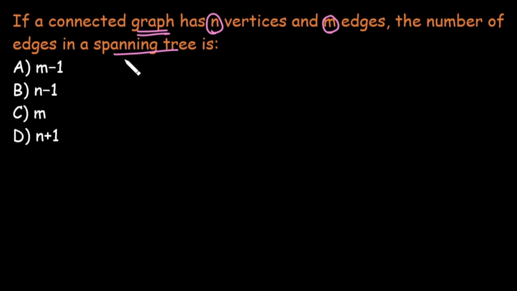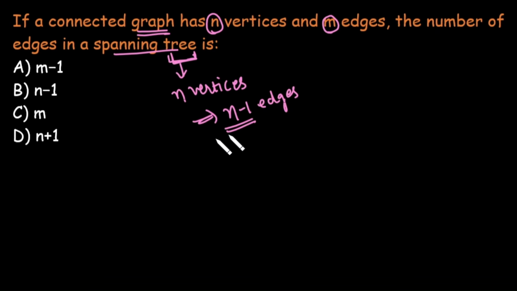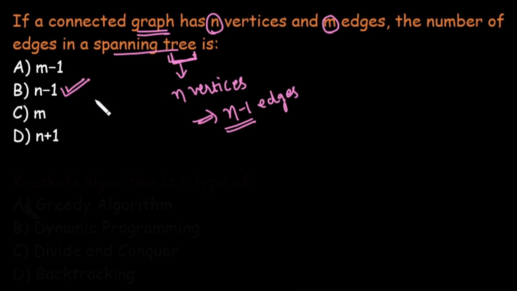Now, how many edges are there in a spanning tree? Whenever a tree is formed, if we have n vertices, clearly it has n minus 1 edges, either a simple tree or a spanning tree or a minimum spanning tree. So always remember, a tree with n vertices contains n minus 1 edges.